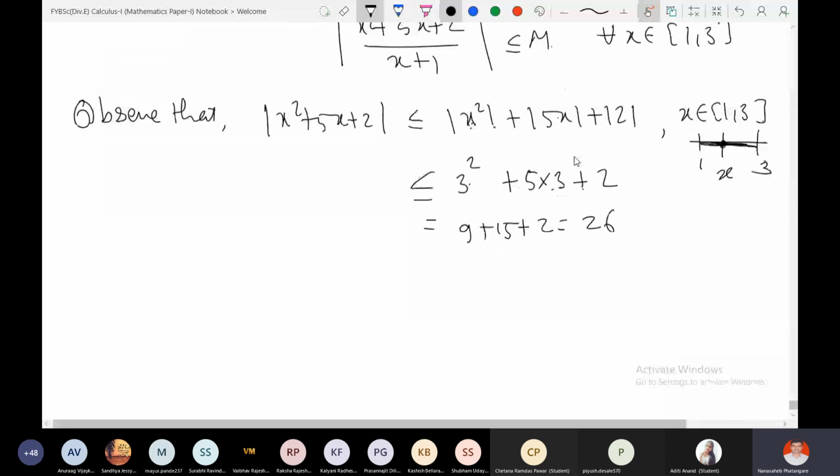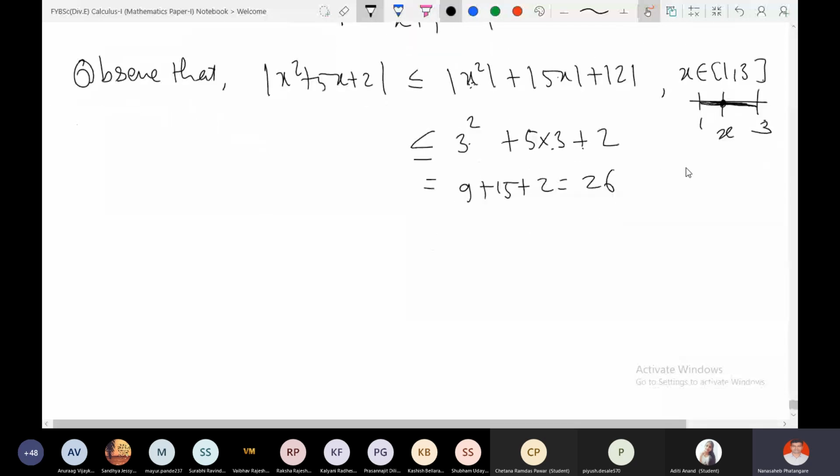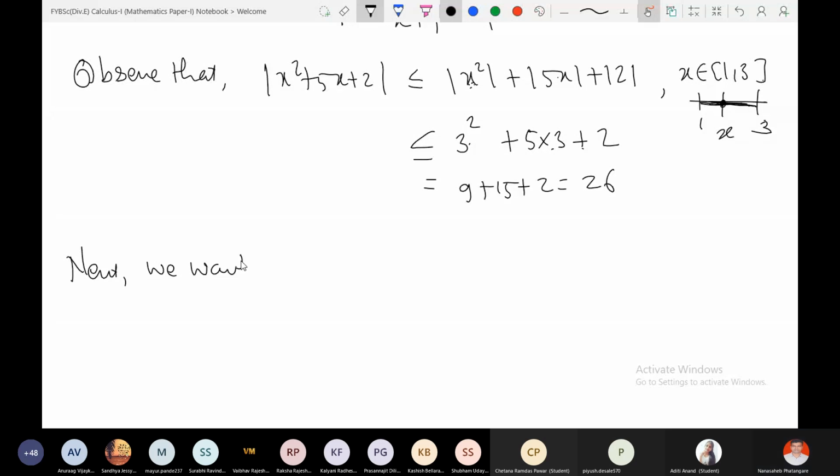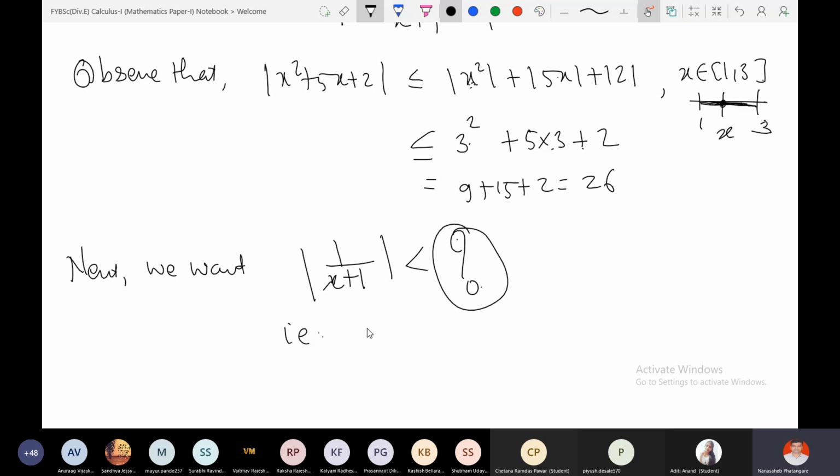Now next I want 1 upon the absolute value of x plus 1 to be less than some number, you can say p, right?